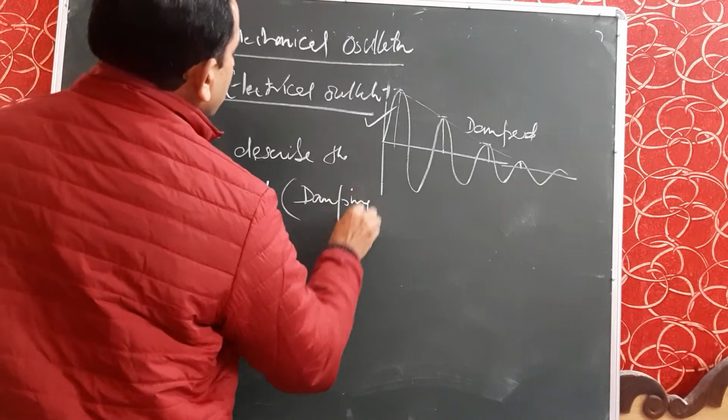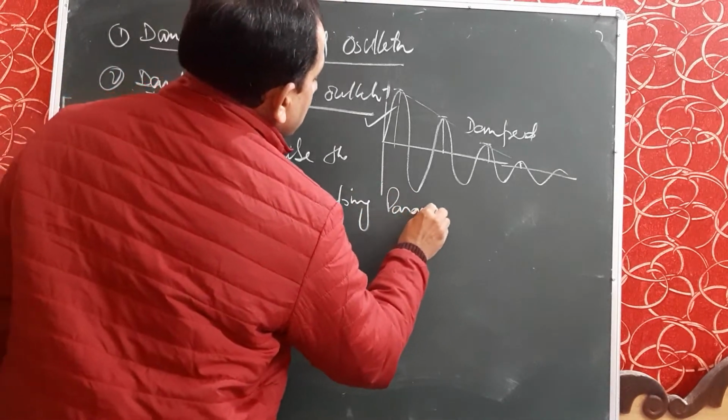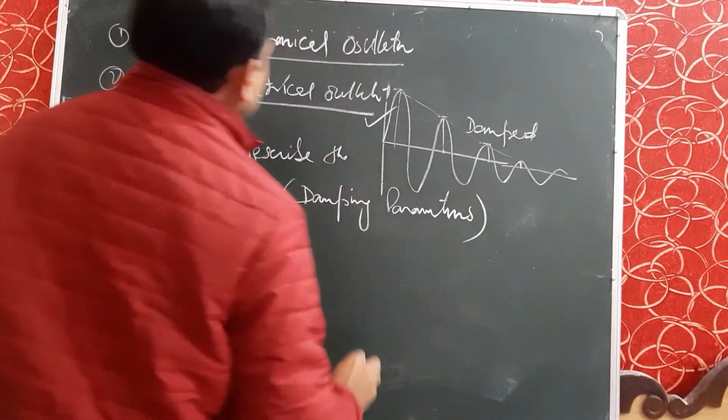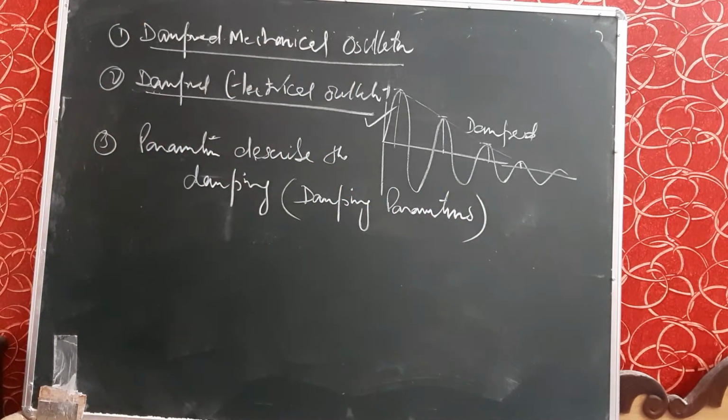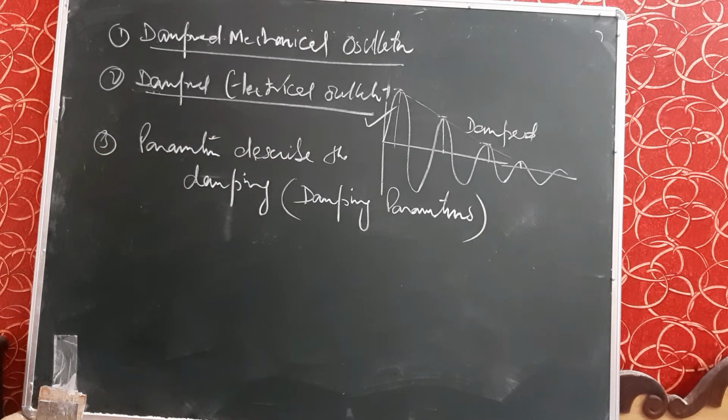In simple words, these are damping parameters. So this is our whole chapter. First of all, I will discuss the damped mechanical oscillator, and after that the damped electrical oscillator, and then the damping parameters we will study in detail.